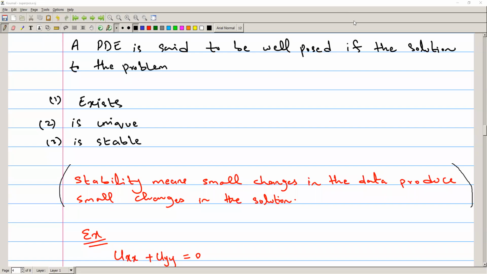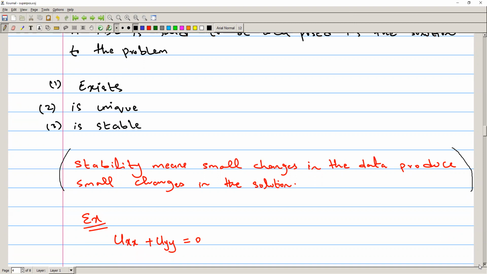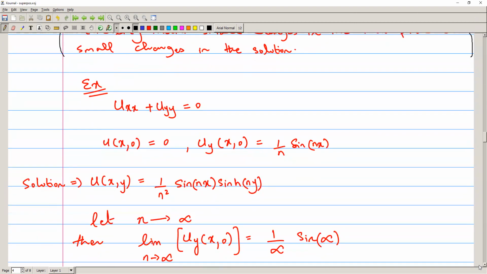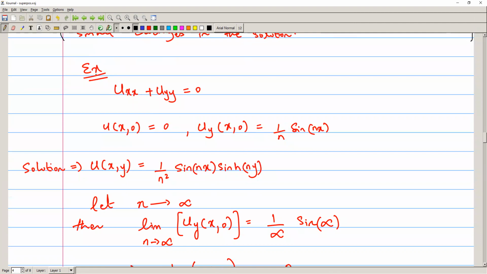Now we will take a problem and we will show what stability means. So let's take the Laplace equation. This is the Laplace equation, and this is also called the steady heat equation in 2 dimensions, right?